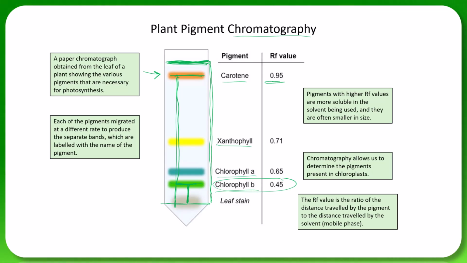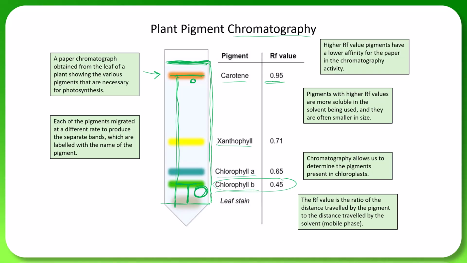And so if you looked at this pigment by molecular size, this pigment would be much smaller than these pigments, which stay very close to where they started. Larger pigments or larger molecules don't move as far as the smaller pigments do. Higher RF value pigments have a lower affinity for the paper in the chromatography activity, and so they don't get stuck where they are or struggle to move as much like the larger molecules do.